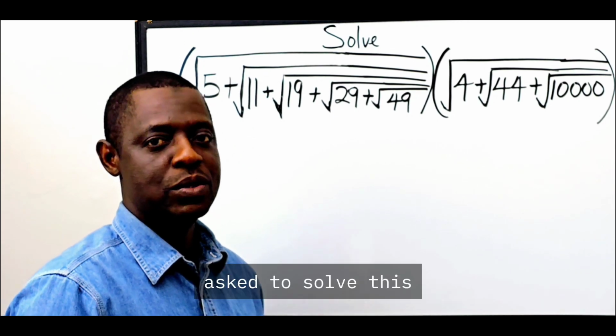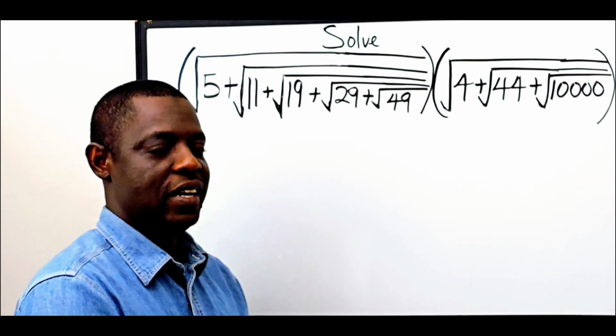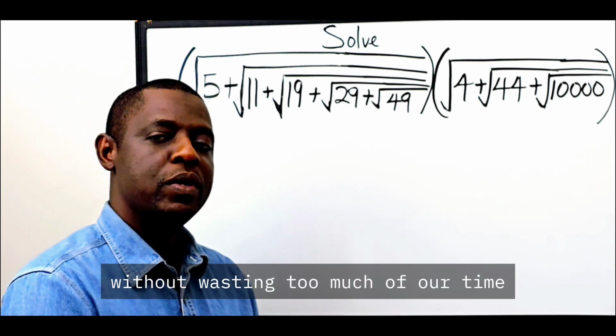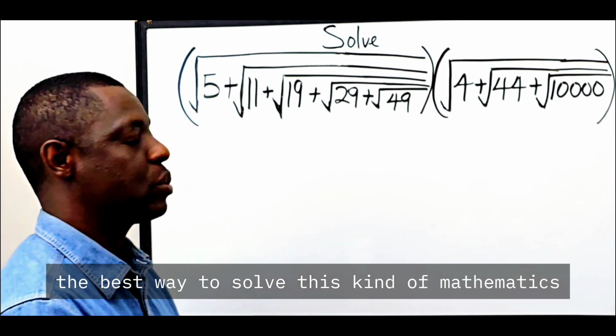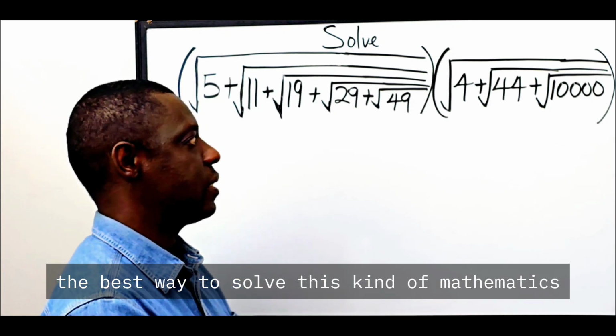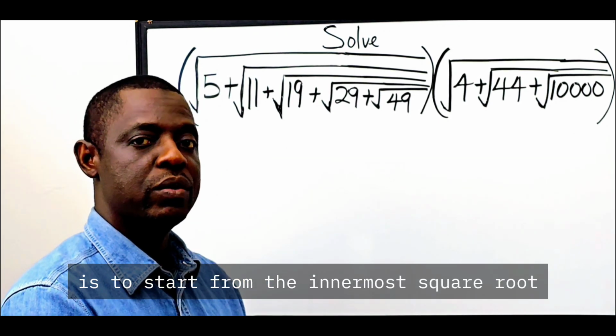Today we are asked to solve this math, and without wasting too much of our time, the best way to solve this kind of mathematics is to start from the innermost square root.